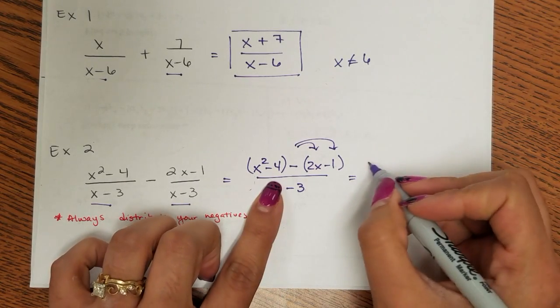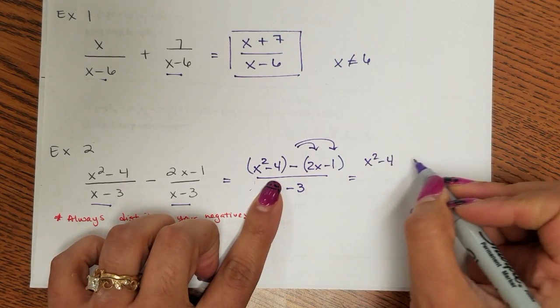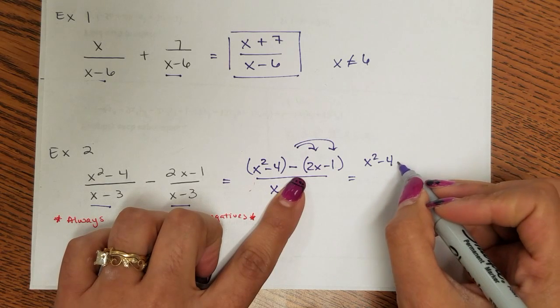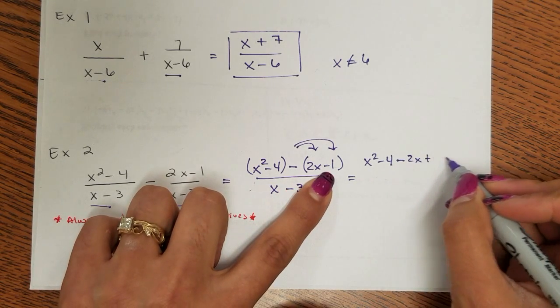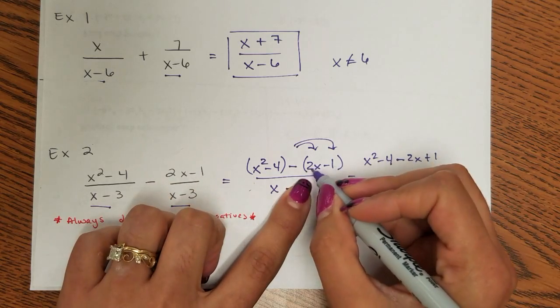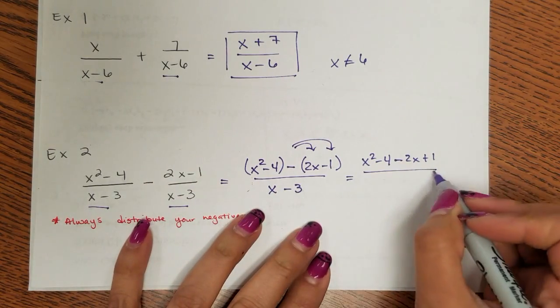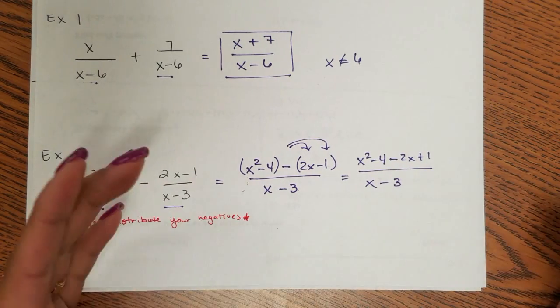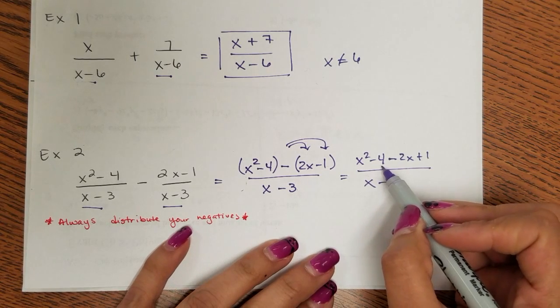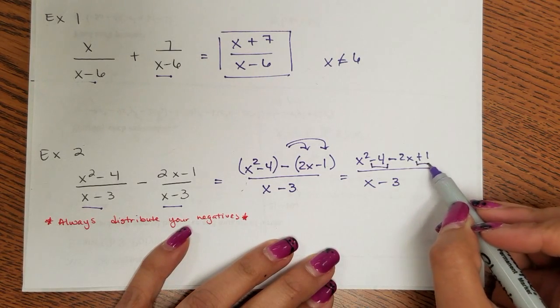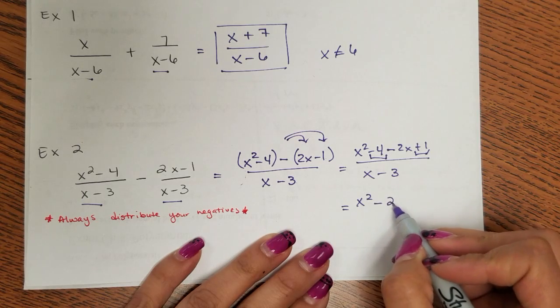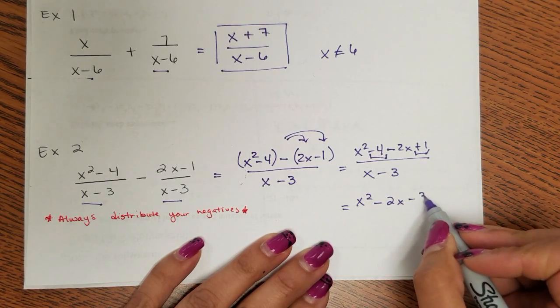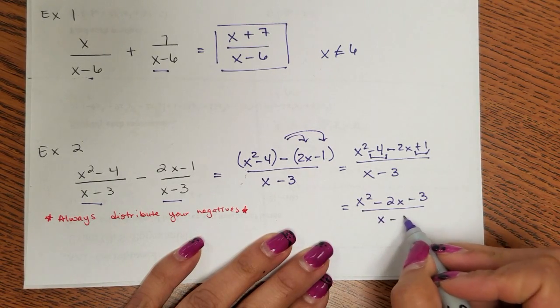So this didn't change at all, so we have x squared minus 4 minus 2x plus 1, right? Negative, positive, over x minus 3. Okay, so we've combined them. Combine your like terms. We can combine the negative 4 and the plus 1. x squared minus 2x, negative 4 plus 1 is negative 3 over x minus 3.